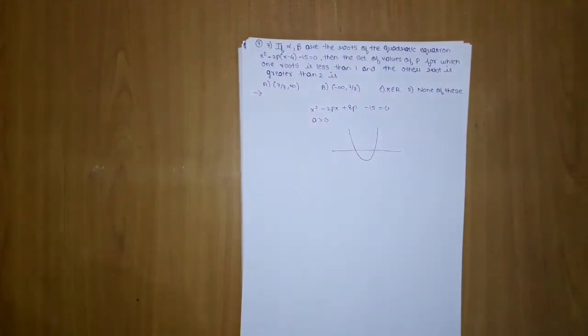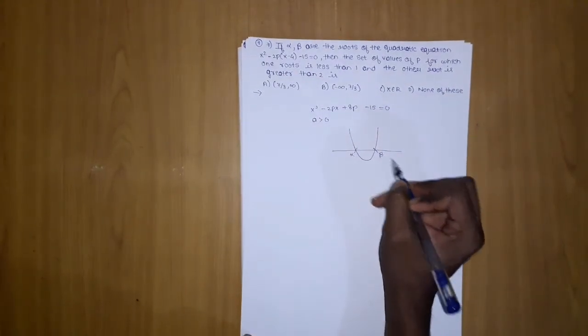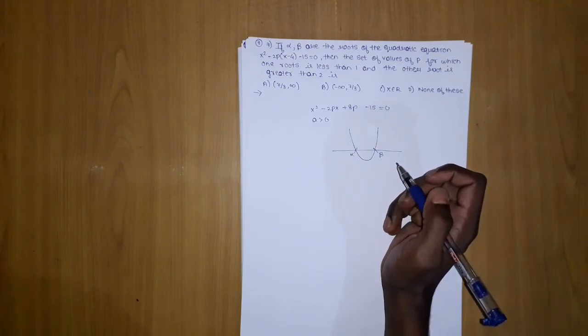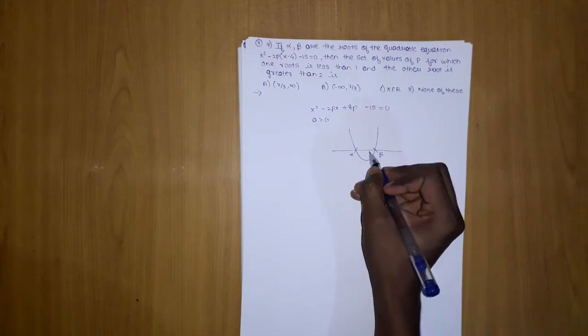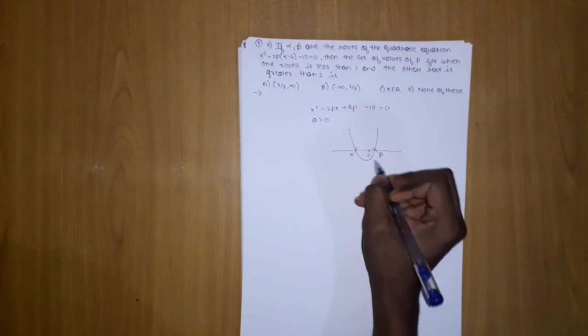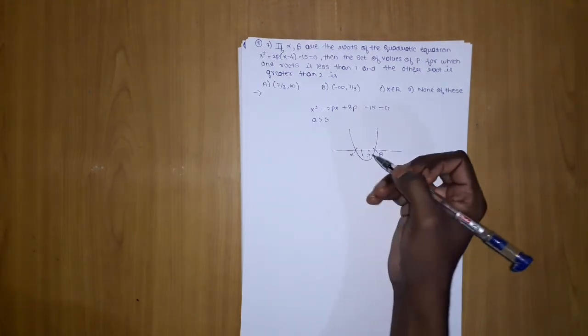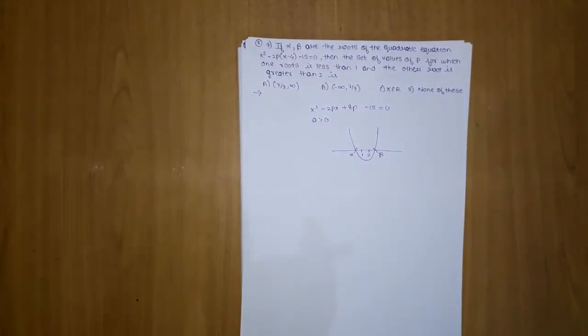Now it has some root alpha and some root beta. One root is less than 1 and the other root is greater than 2. So both 1 and 2 should lie inside alpha and beta.